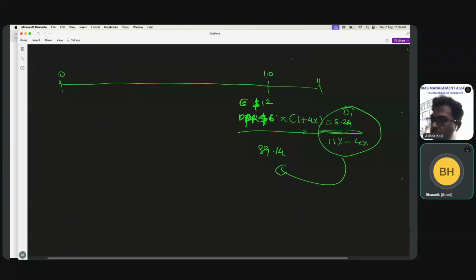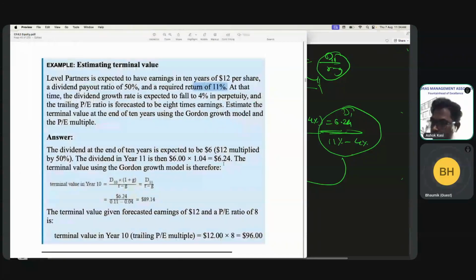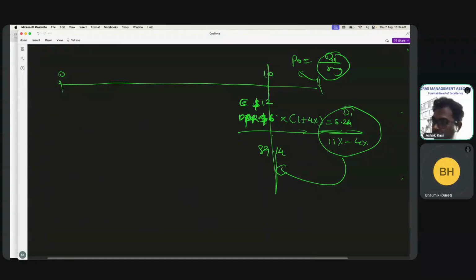Because P0 is equal to D1 by R minus G, this value is P0, 1 year back. So 89.14 is the terminal value from where the constant growth is beginning. Should we add 4% to it now, because it is growing at 4%? That we added already: from 6 we got 6.24.